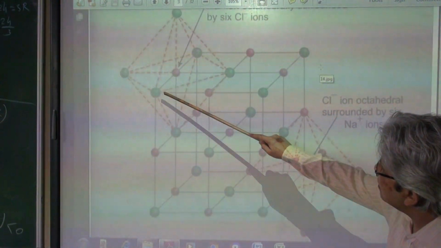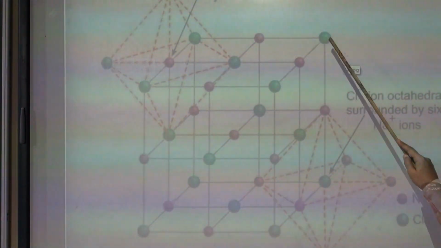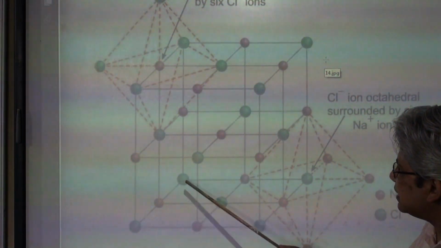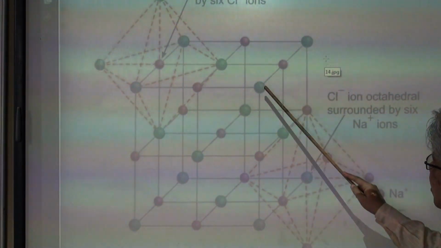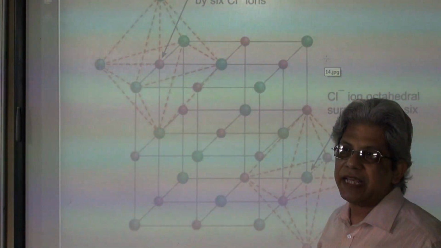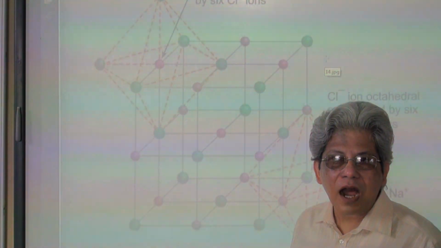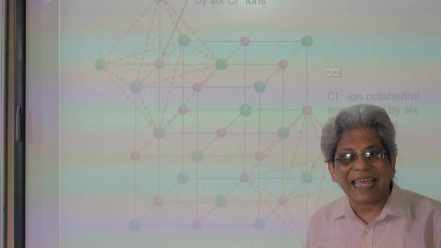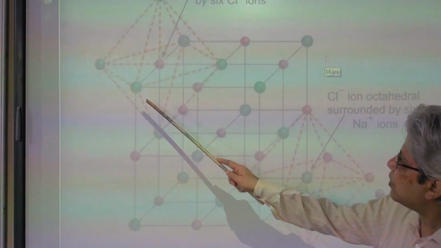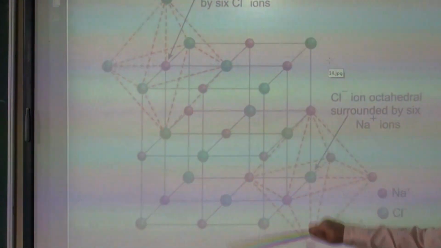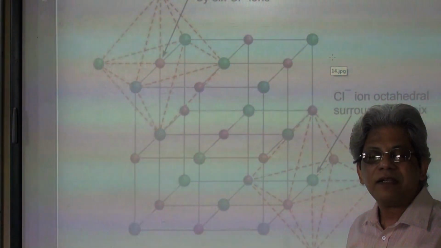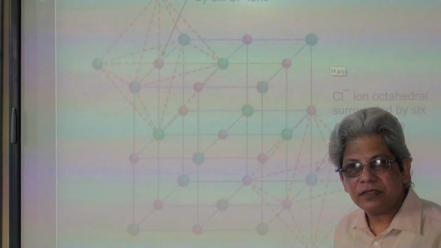First, look at the chloride ions present at the corners. Obviously there are 8 corners, and we know the particles which are present in the corners contribute 1/8 to a particular unit cell. So 8 of them, 1/8 each. So total contribution is 8 multiplied by 1/8, so 1.